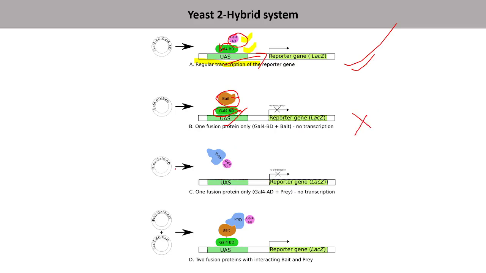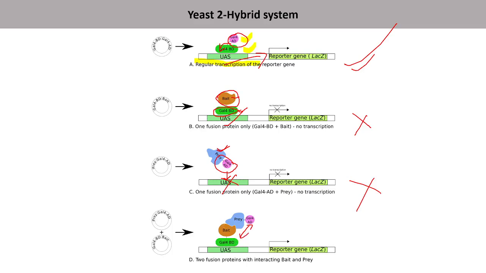Now let's take the third case, where we only have an activating domain with a prey attached to it. This activating domain cannot bind with the promoter sequence, and because there is no binding domain attached, the transcription will not happen. Now, we have provided both activating and binding domains. These two domains will only come in close proximity if the prey and the bait interact with each other.